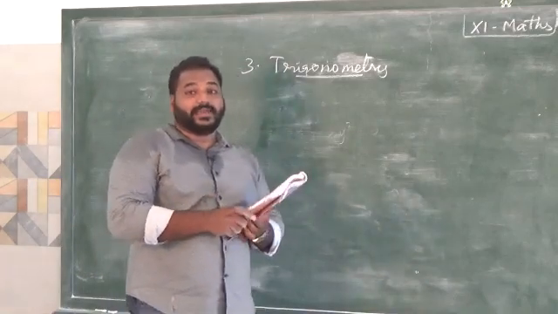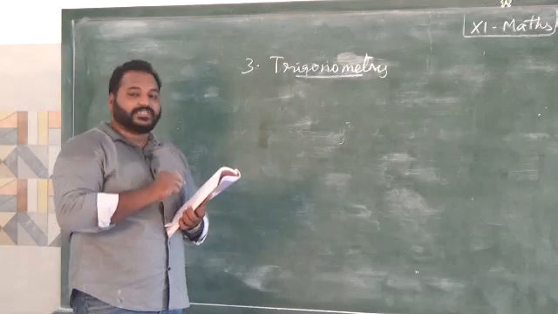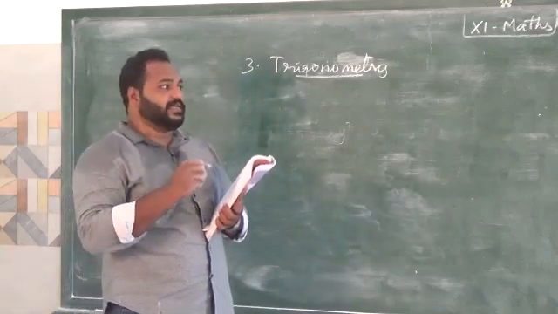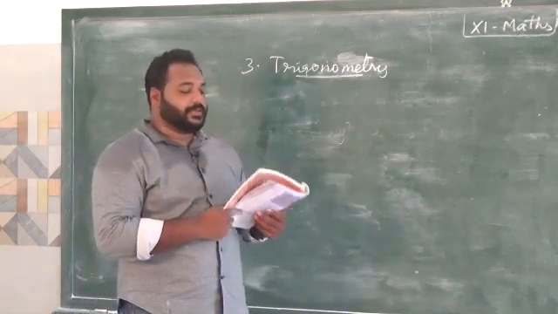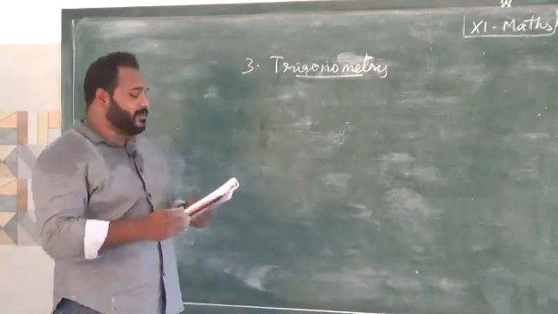Because we already learnt trigonometry in the 10th standard, you may be aware of a few basic things, but here I am going to recall all the basic knowledge once again, and then we will go to the problems.